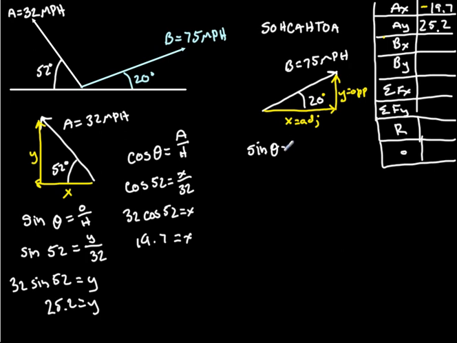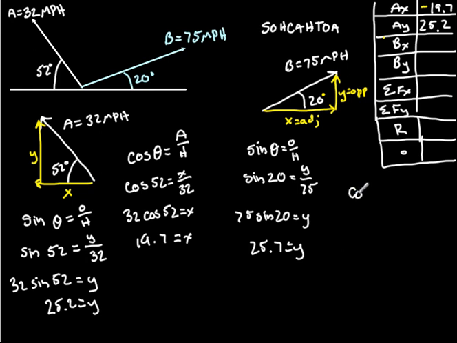So again, we're just going to do sine. Sine of our angle equals opposite over hypotenuse. Sine of 20 equals opposite, which is y, over 75. So 75 sine of 20 equals y, and you get a value of about 25.7.